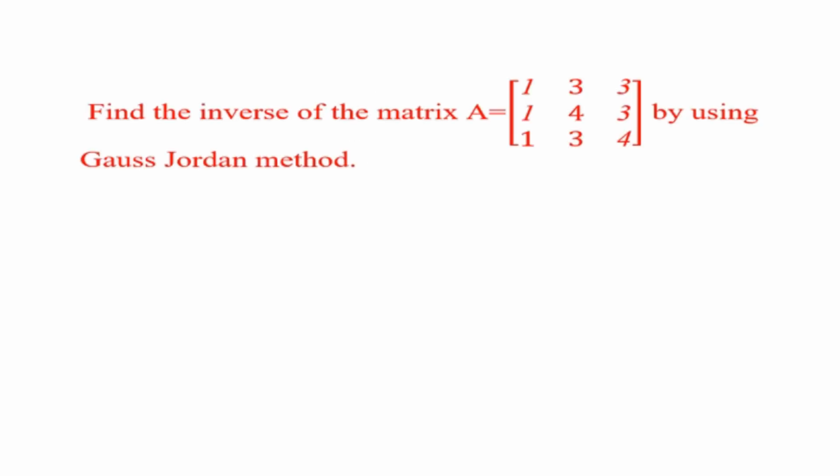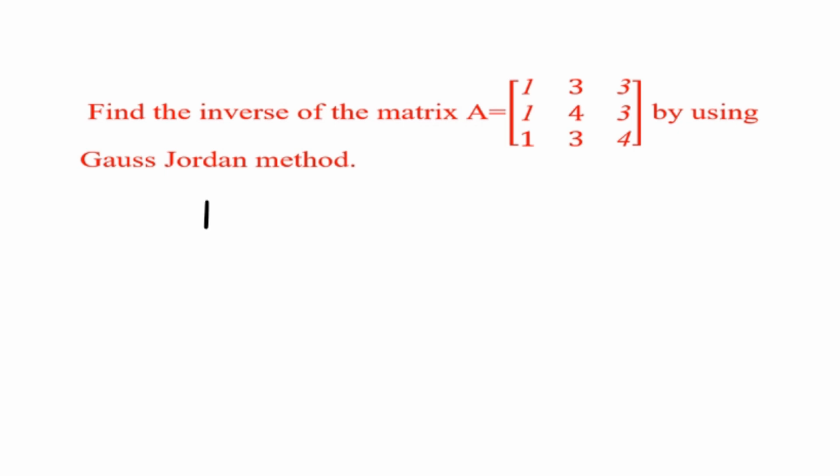To find the inverse of a matrix, first of all, we consider a matrix A equal to an identity matrix multiplied with A. Now by doing elementary row transformations, we obtain an identity matrix on the left, and the corresponding identity matrix will become the inverse matrix.